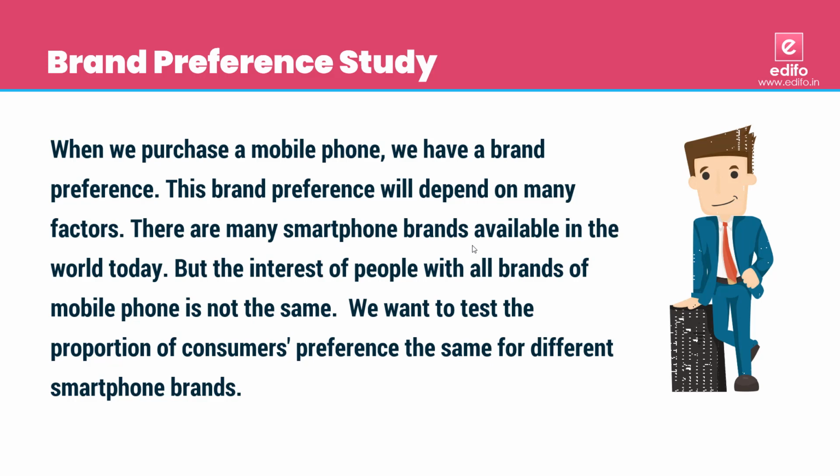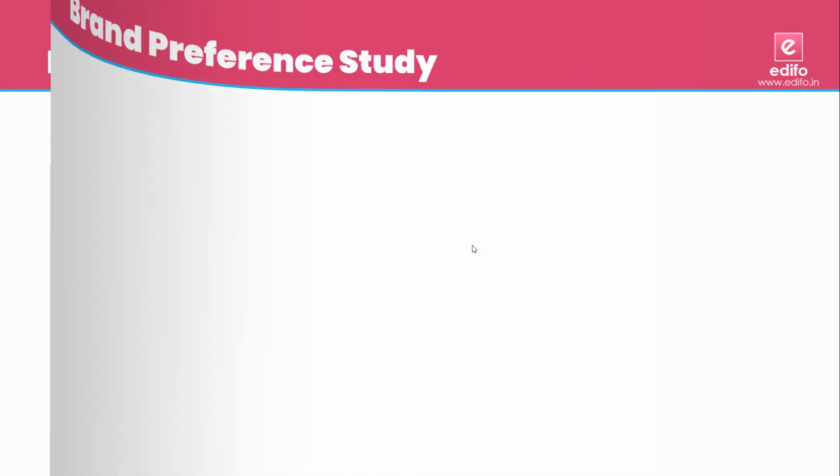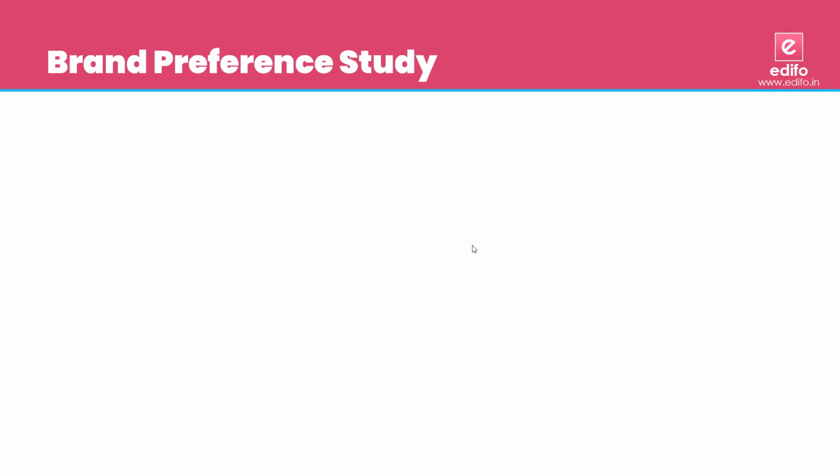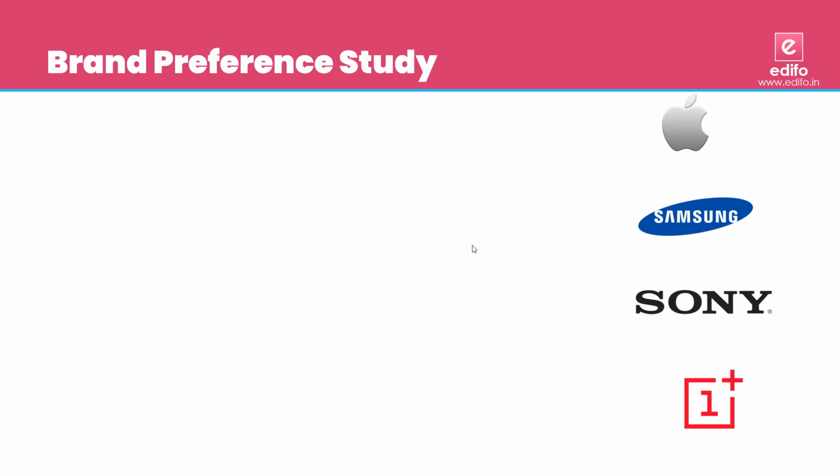I have already selected 4 brands for our study. They are Apple, Samsung, Sony, and OnePlus. Next, we need to select a sample from the population. We are going to collect the data from the sample. Here I have selected a sample from the population.